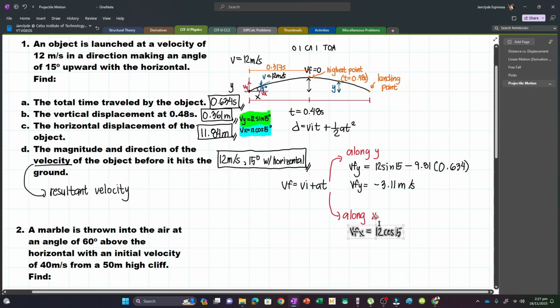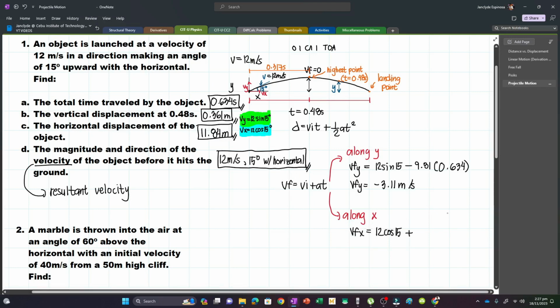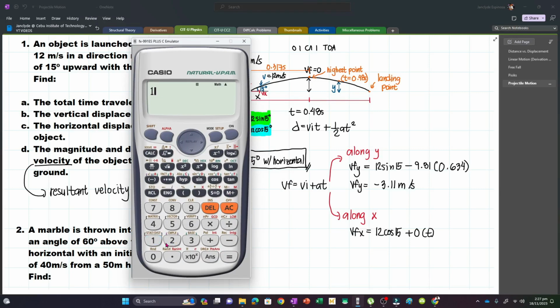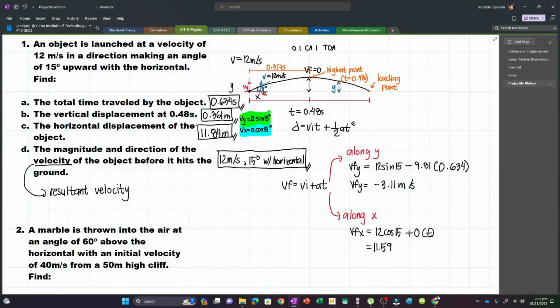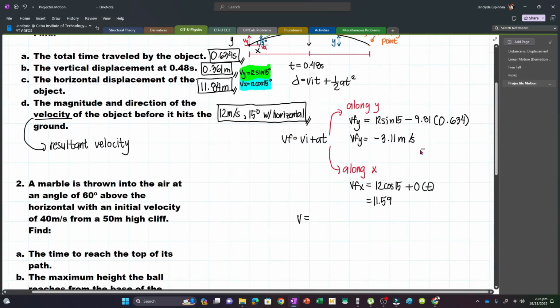So mao na niya siya ang atong VFX. Kay mao rin na siya just using this one, balik murag plus 0 times time. So kani mawagtang rin siya ang expression kay wala may acceleration. So balik ang atong VFX kay kani rang 12 cos 15. Now ato lang kuha ang decimal nga value ana. 11.59.